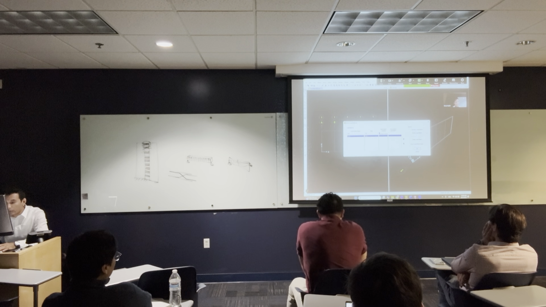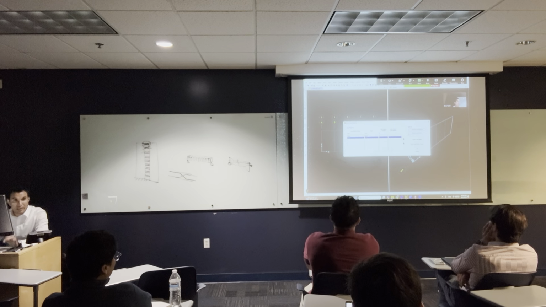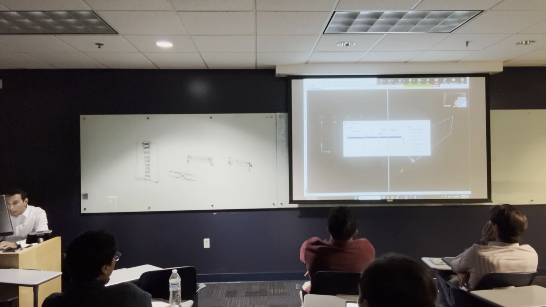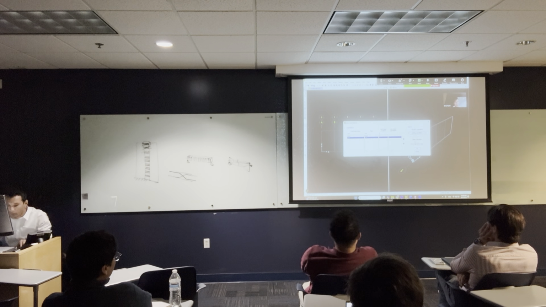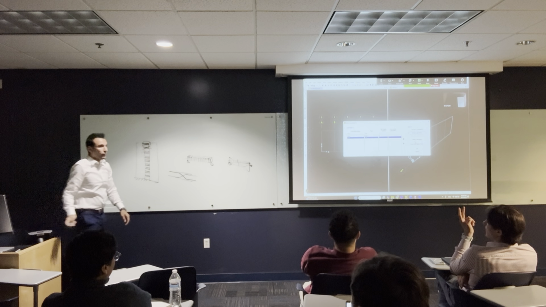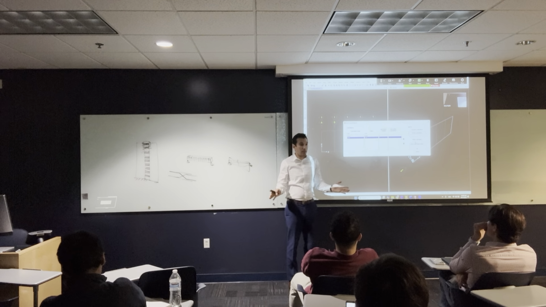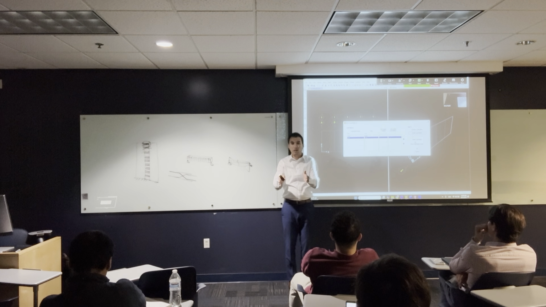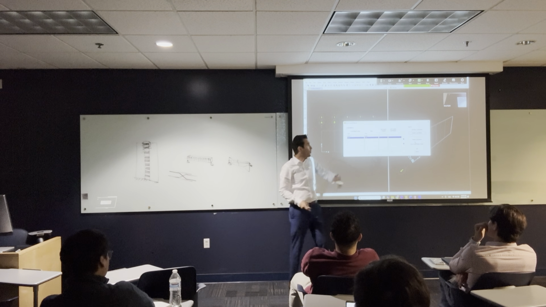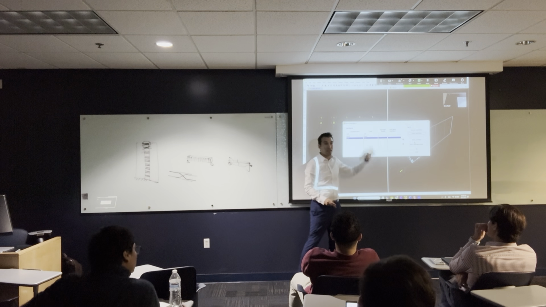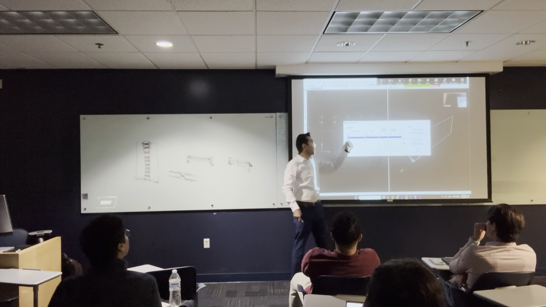And I'm going to make the self-weight multiplier 0 because I don't want any own weight. If you make this equal to 1 and say modify, what's going to happen? Can you guys tell me? 2 times, but each in a separate load case. So basically, SAP 2000 is going to calculate the own weight and run it in the dead load case, and it's going to run the own weight in the live load case.